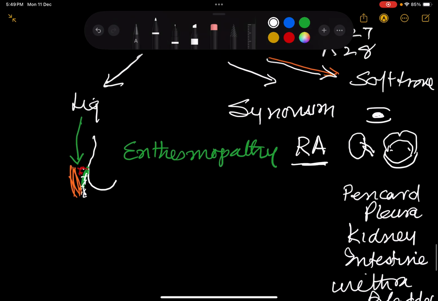So these are the soft tissues that can get involved with this type of inflammation.